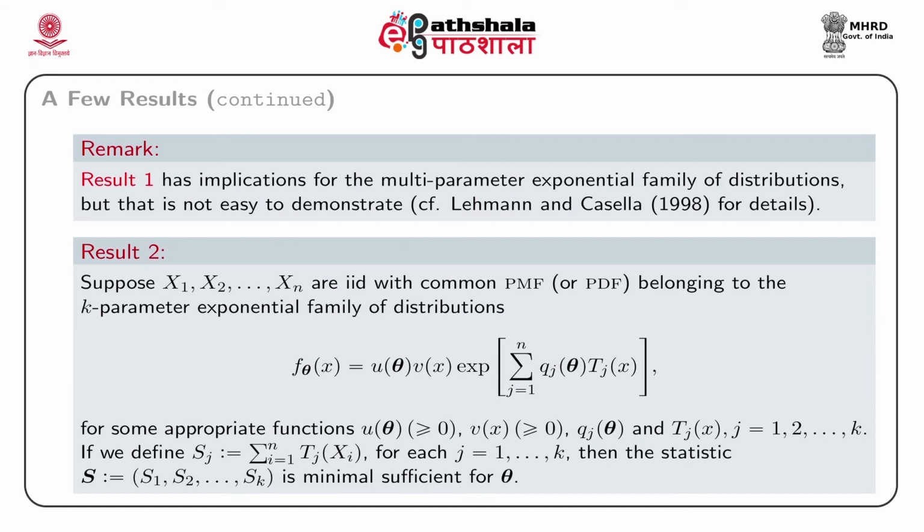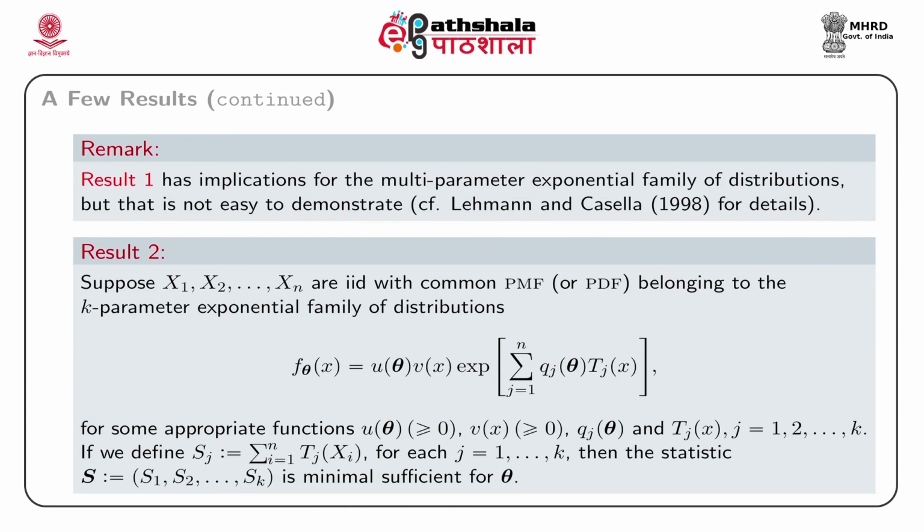to the k-parameter exponential family that we have already discussed in our module 8. PDF or PMF f_θ(x) equals u(θ) v(x) e to the power Σ from i equals 1 to k of q_i(θ) t_i(x), with some appropriate forms v(x) greater than or equal to 0, u(θ) greater than or equal to 0, q_i(θ) and t_i(x), i from 1 to k.